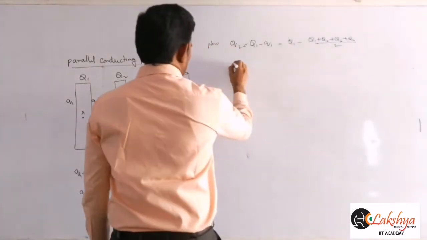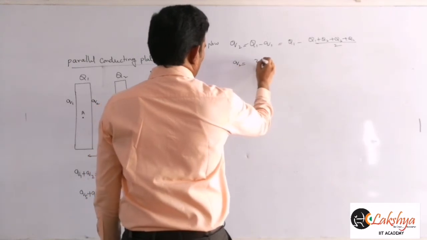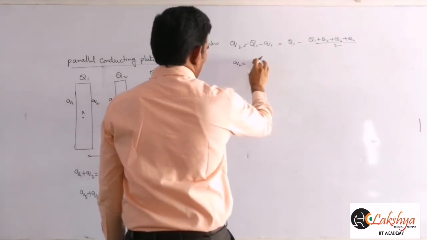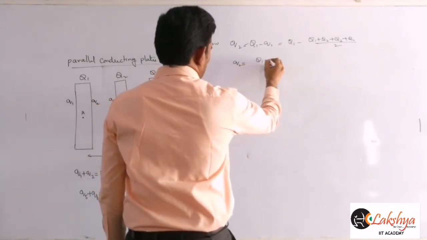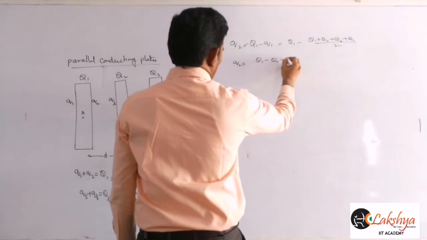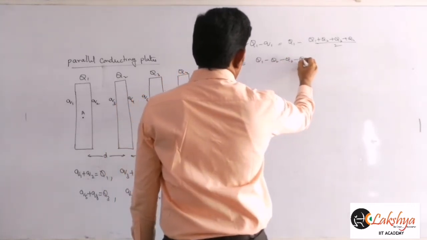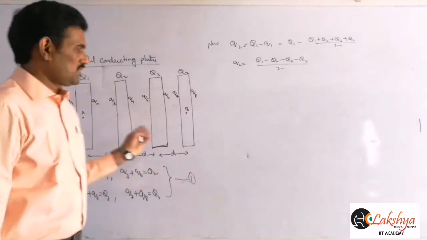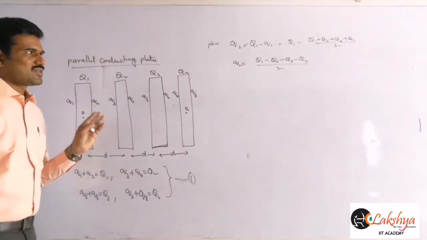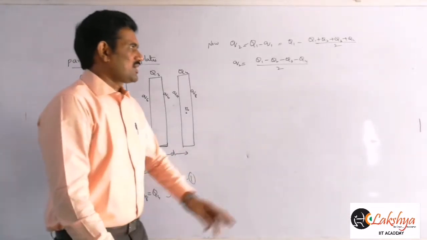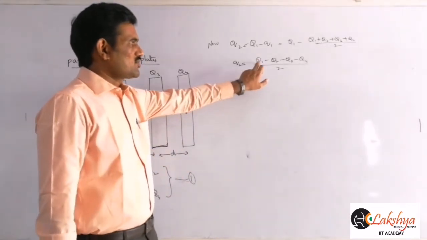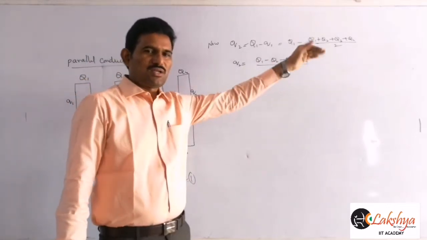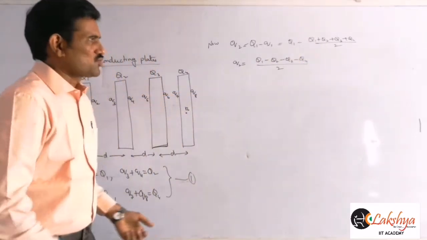Therefore, taking LCM and simplifying, we can write Q2 is equal to (Q1 minus Q2 minus Q3 minus Q4) by 2. That is the charge appearing on the inner surface of this plate, right? Or you can write it as Q1 minus sigma of Q by 2.